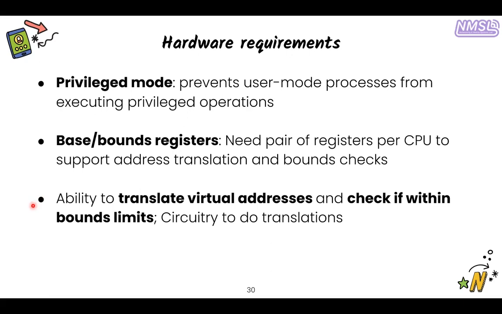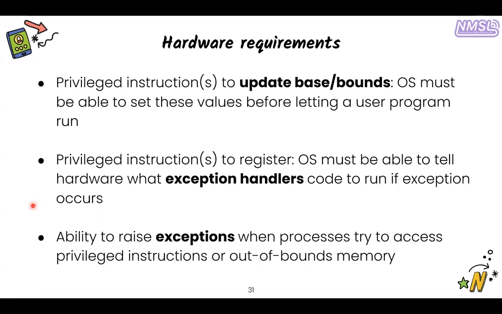Obviously, you need some ability to translate virtual addresses and check if they are within bounds limits. You need privileged instructions, meaning you need to be in a privileged mode to update base and bounds, right? Because when you do context switching, you're going to have to update these.